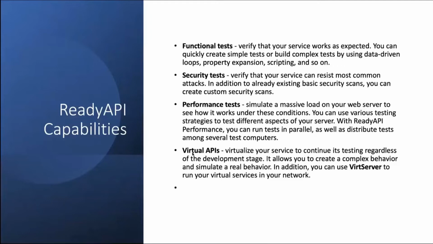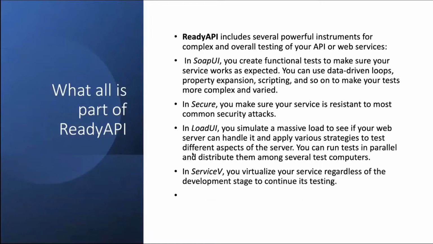As I told you, these are 4 different capabilities which are provided by Ready API: functional test, security test, performance test, and also virtual APIs. How does it provide you this? Ready API includes various other products which are part of SmartBear itself. What all products?